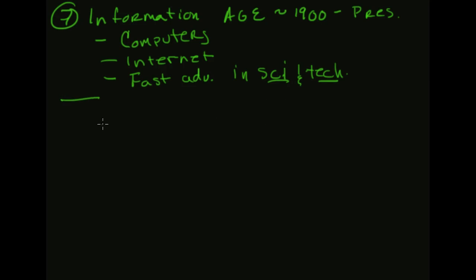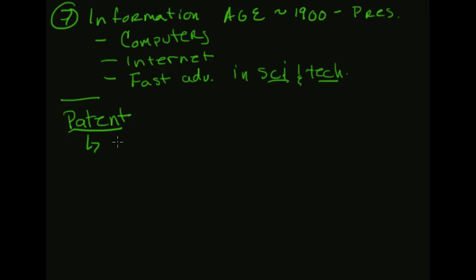All right, so those are your major periods of technological growth. We want to talk about something that's called a patent. A patent is something that protects inventors and possibly spurs on technological change.